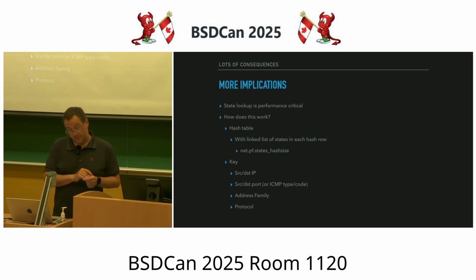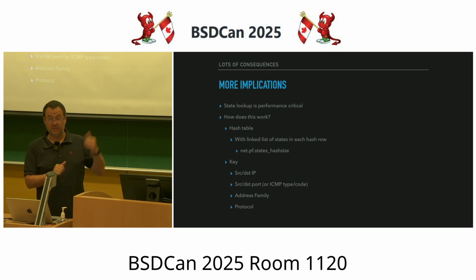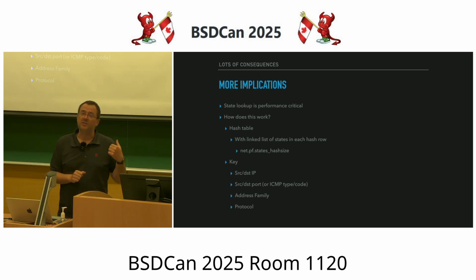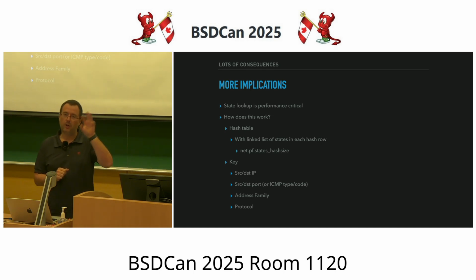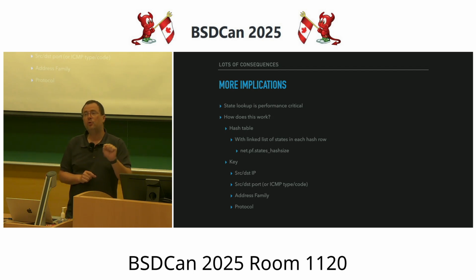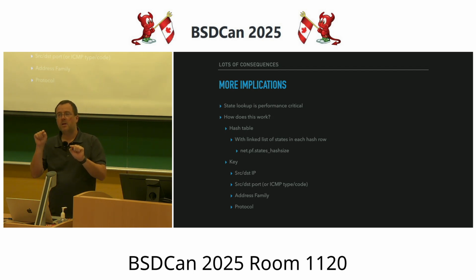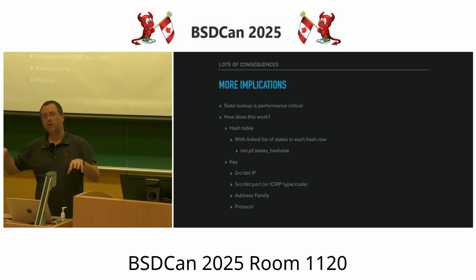Another thing that is important for state limits is the way we implement this limit is we use a UMA zone and say you can never allocate more than X amount of items from this zone. That's fine and that works, but if you run close to the limit, you will end up with very, very slow allocations because UMA has per CPU buckets of memory that is ready to hand out.